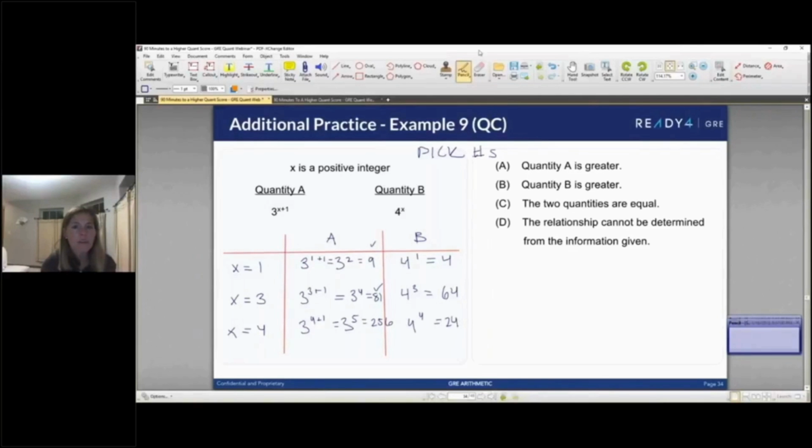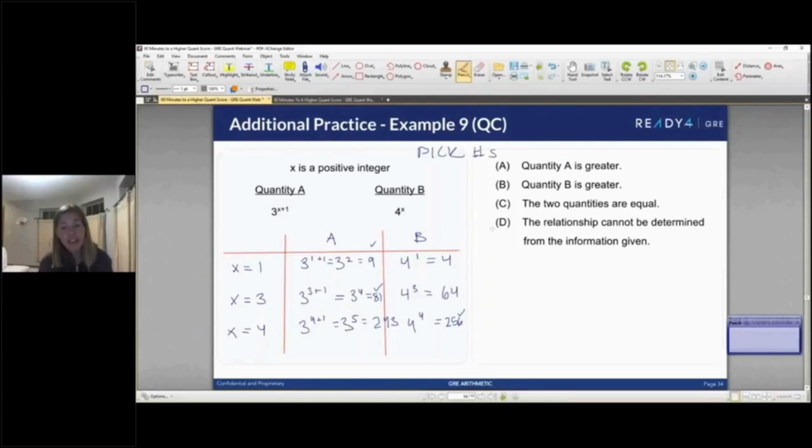Actually, sorry, the first one is not 256, I don't think. Let me see. Yeah, 3 to the 5th is 243. But that's why we have a calculator to check. So in this case, the 256 is bigger. So in the first two, A was bigger, but in this last choice, B was bigger.